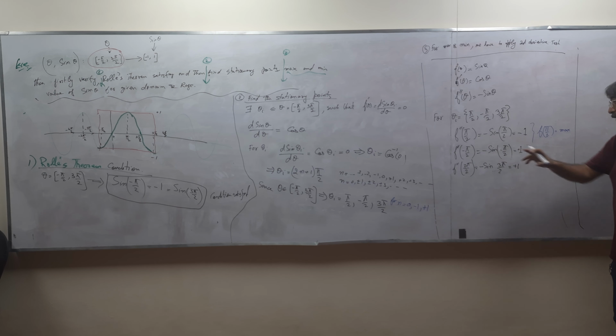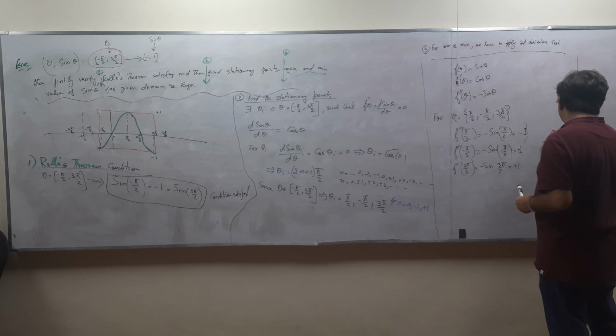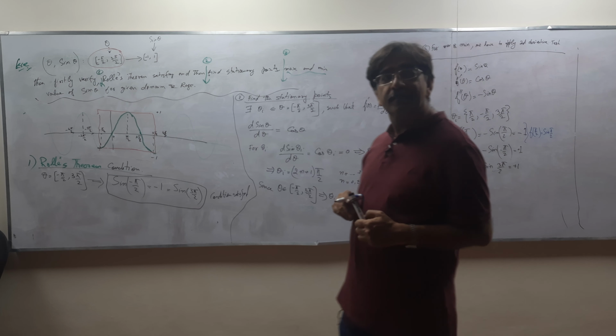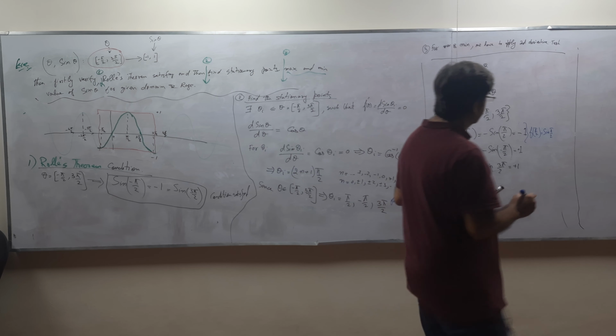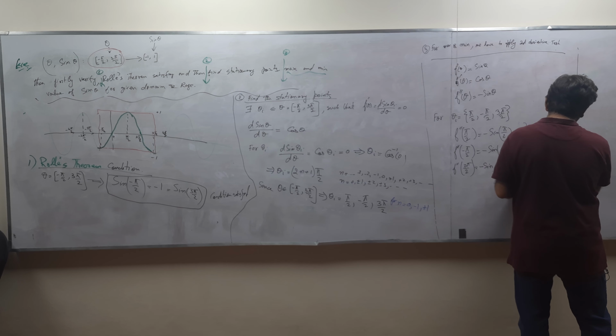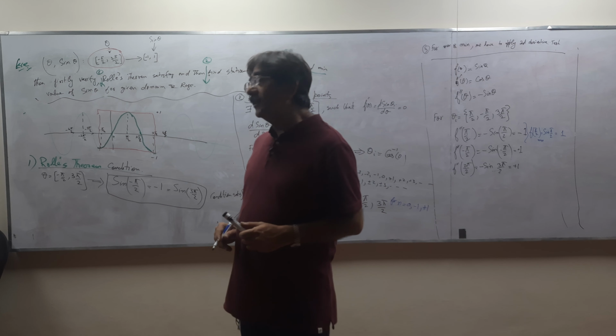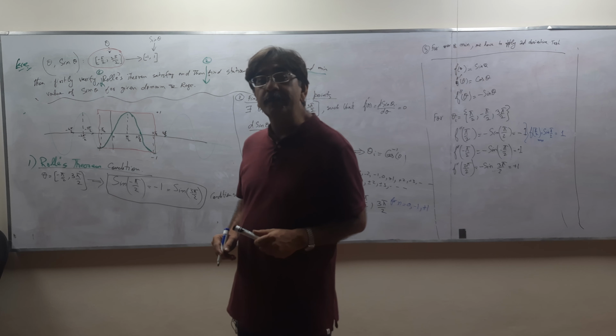Because f pi by 2 is sine pi by 2, that is 1. Because this is negative, that will be a maximum value. So, the sine theta maximum value is 1.